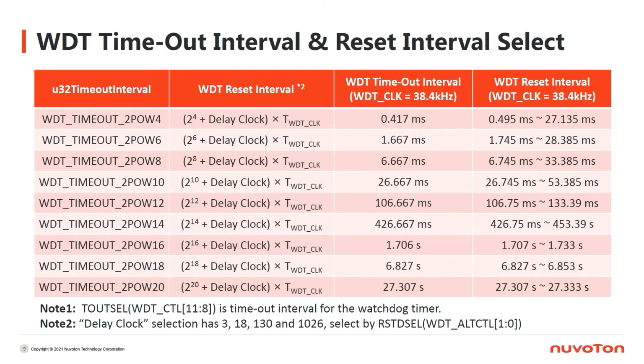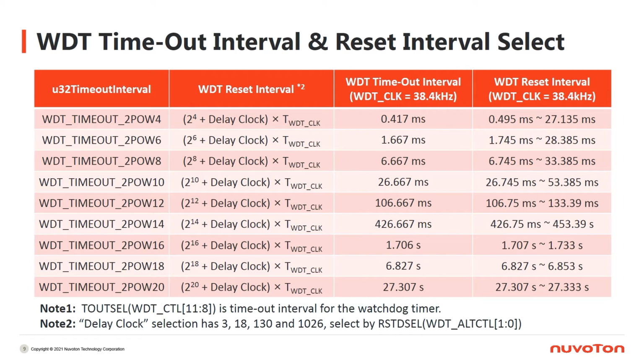This table shows the WDT timeout interval and WDT reset interval calculated by different settings. The WDT clock frequency we use for this table is 38.4 kHz. All the values listed here are calculated by 38.4 kHz.